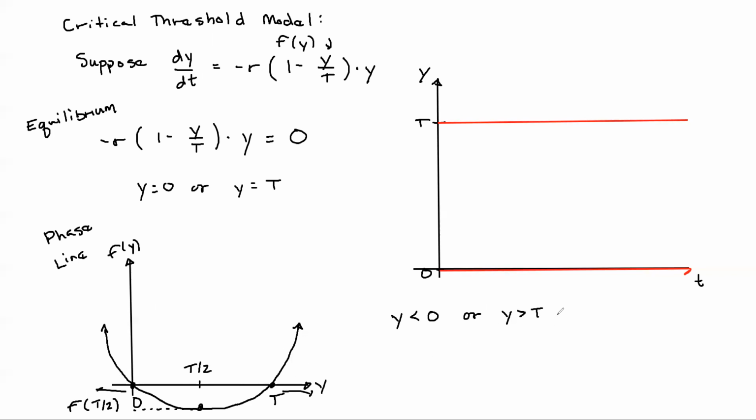So if y is less than 0 or y is greater than t, then f of y is positive. And again, this is where I think it gets confusing for many students: f of y is the same thing as dy dt, so that tells us that dy dt is positive. And so on our graph, we can draw some positive slopes in those two regions.